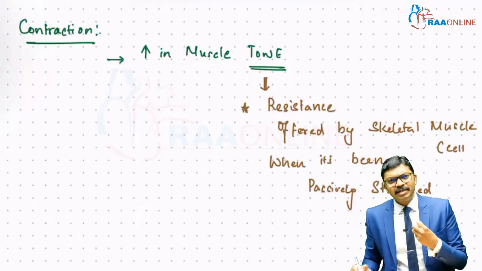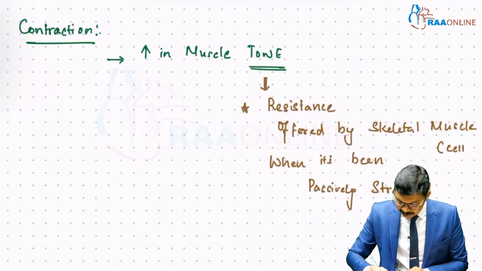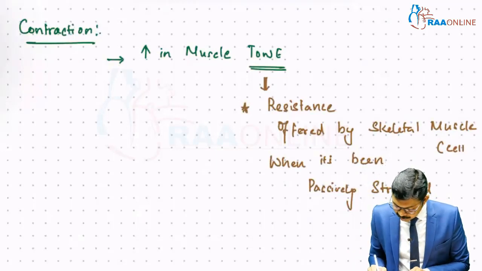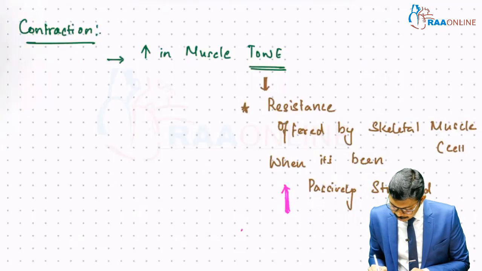Now, why is there a resistance if it is getting passively stretched? The reason for this resistance is because there is going to be a constant overlap of thick filament, which is made of myosin. Guys, you know this very well.